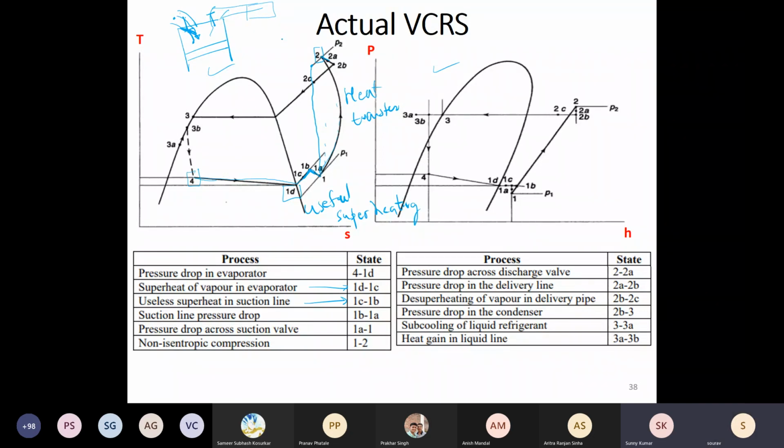So there is a muffler placed at the exit, just like your IC engines have. So it is like a silencer. So it has to pass through that also. Once it goes through that, it will undergo another pressure drop. And then it reaches the condenser. And again in the condenser, even though here it is not shown properly, you may have some pressure drop like this.